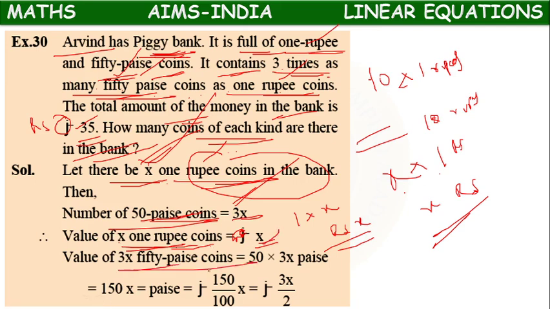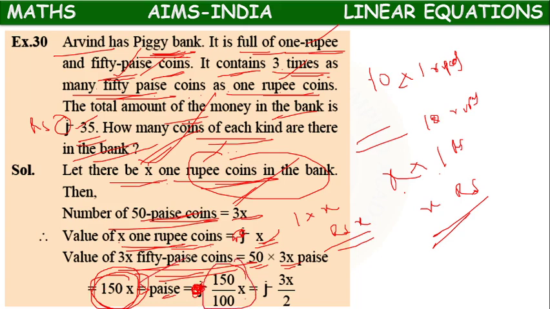But the value of 50 paise coins, we have to multiply 50 into 3x. So 150x will come. Value of 50 paise coins is 150x paise. For converting into rupees, we will divide by 100. 150x by 100 rupees.